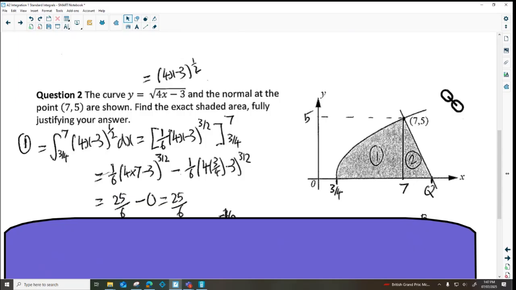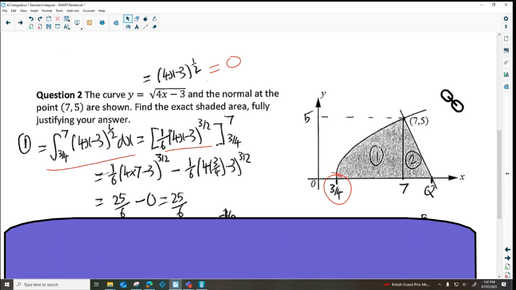So area 1 is the following, and you can check that the area starts at 3/4, because if you make that equal to 0, you get 4x minus 3 is 0, so x is 3/4. So area 1 is the integral from 3/4 to 7 of (4x minus 3) to the half dx. Integration: increase the power by 1, you get (4x minus 3) to the power of 3/2.